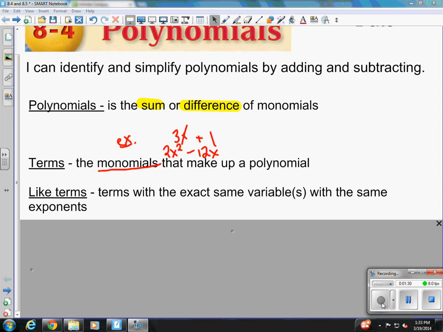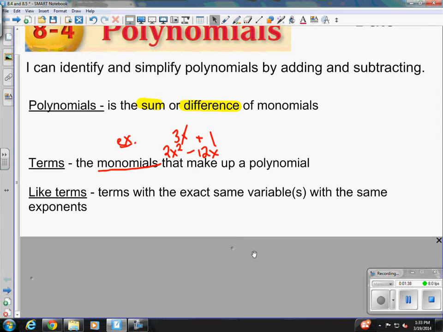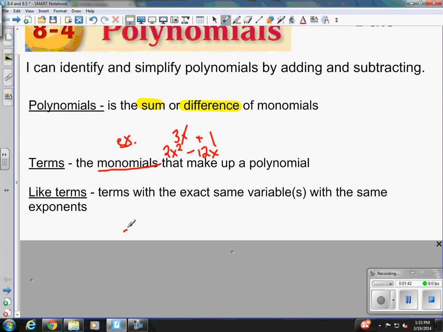Then our next vocabulary word is like terms. Like terms are the terms with the exact same variables with the exact same exponents. An example of this would be if I have a 3x and a 2x. They'd be like terms because they both have x's.